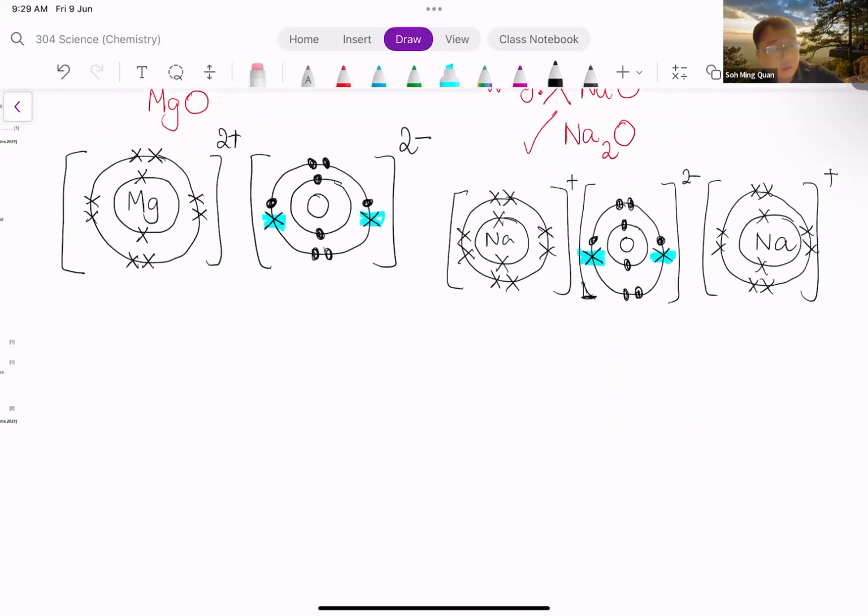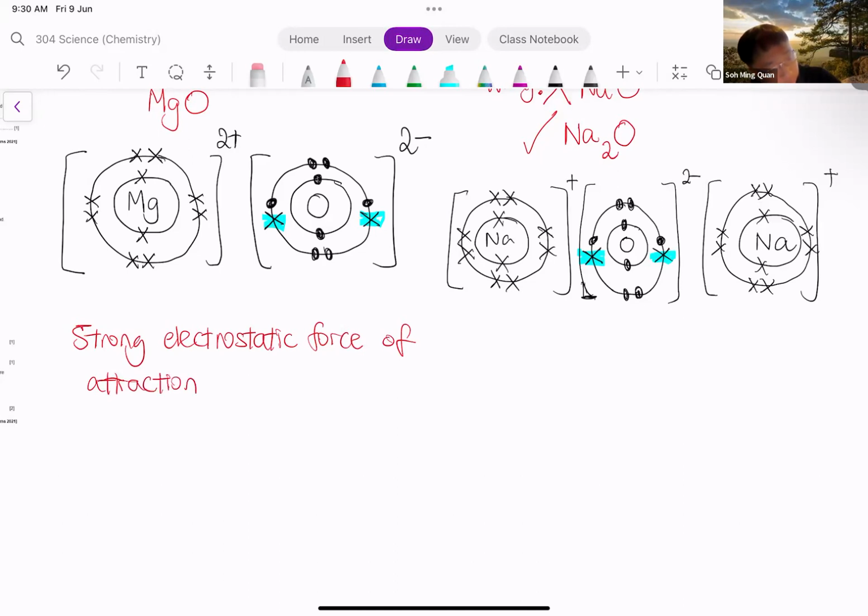Now, what makes the ions stay together? Clearly, there's a force of attraction that attracts the ions together. So what is this force of attraction called? It is called the strong electrostatic force of attraction, and this is between the oppositely charged ions.